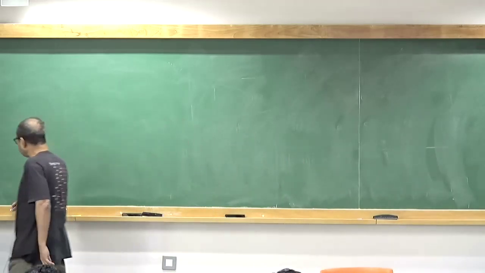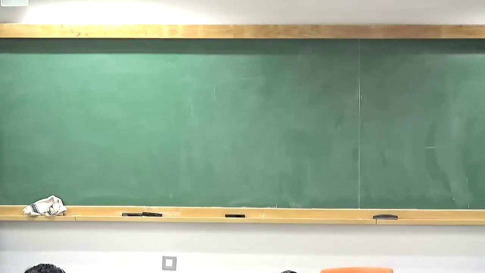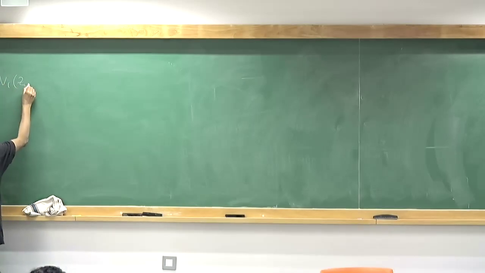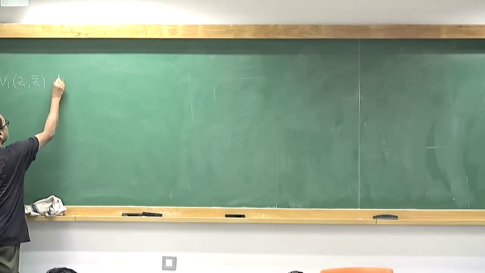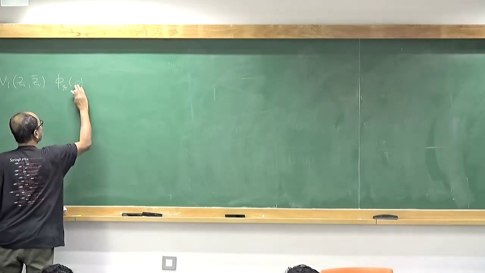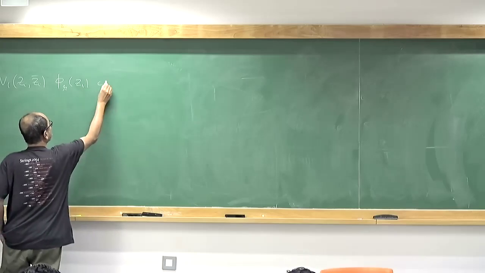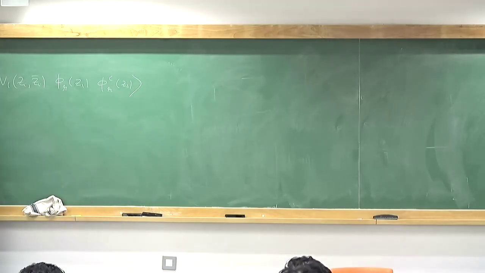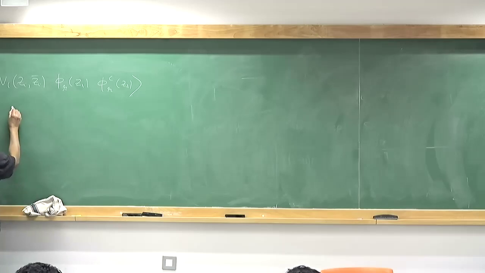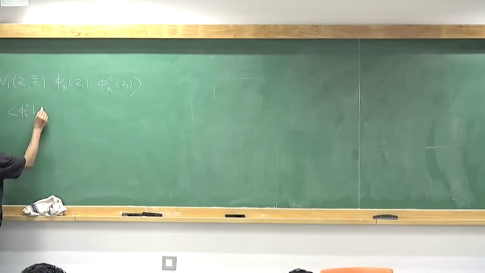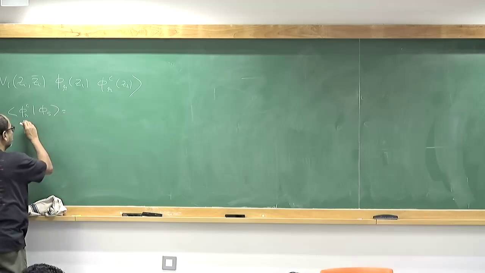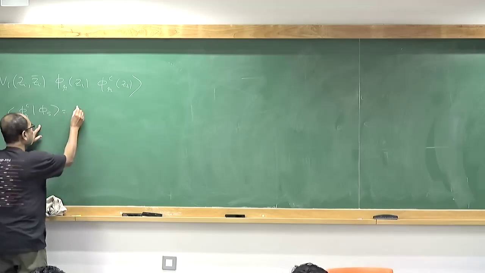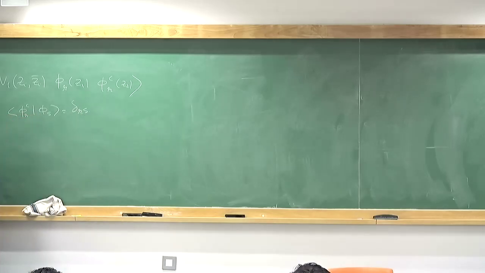So let me remind you that we have said that if we have a correlation function like this, where these are complete sets of states, phi r, phi s, each of these are complete sets of basis states with these being orthonormal, delta rs.